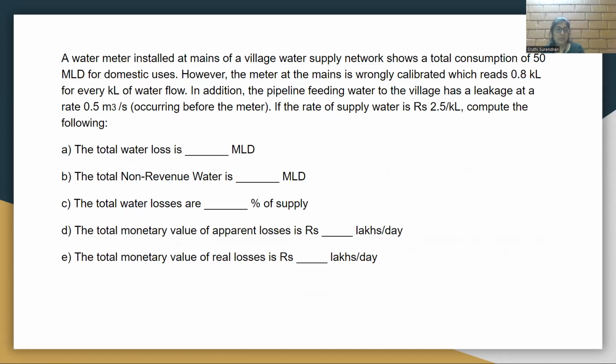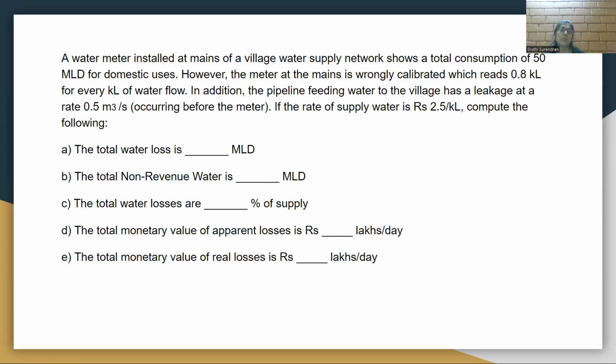Now you're supposed to find the total non-revenue water. Total non-revenue water is the sum of the losses plus the unbilled authorized consumption. But there is no value of unbilled authorized consumption provided over here.